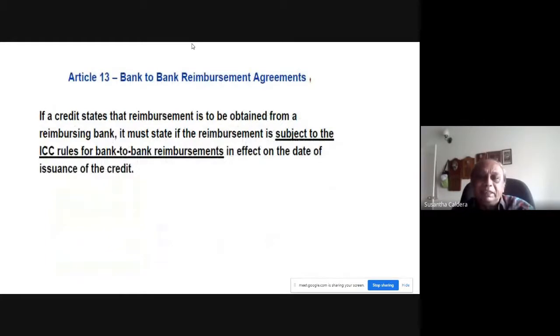Bank to bank reimbursement agreement, I'm not going to discuss this one. We covered URR 725, didn't we? We did it on 31st July 2021.